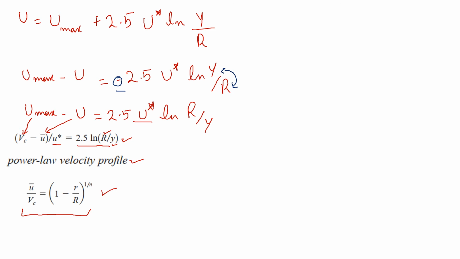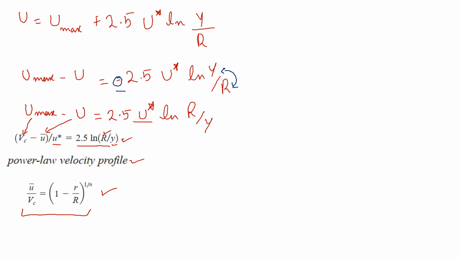As you remember, at the start when we analyzed laminar flow, we derived an equation for shear stress, and then from the shear stress equation we derived the equation for our velocity profile, and we came up with the parabolic velocity profile. But to do that for turbulent flow is already very difficult because of the unsteady nature of the flow.